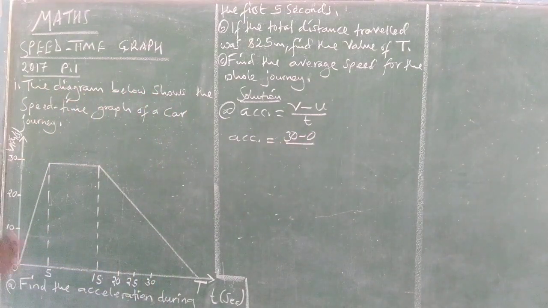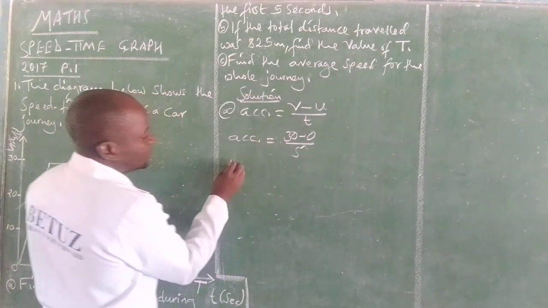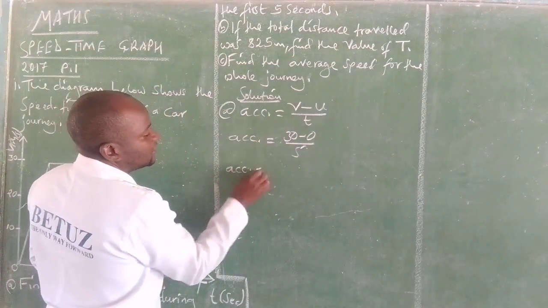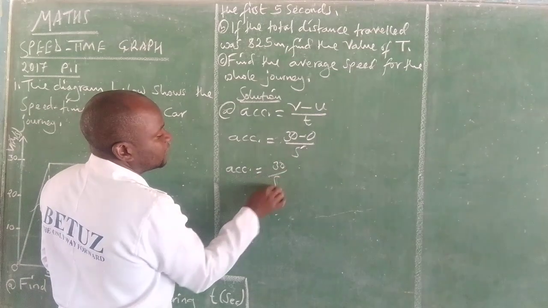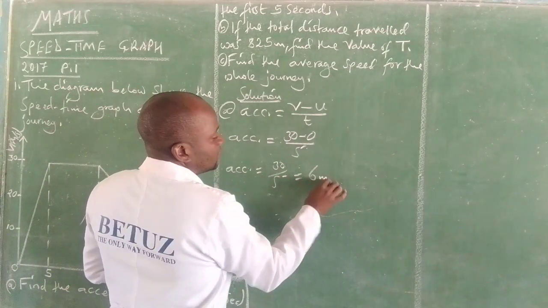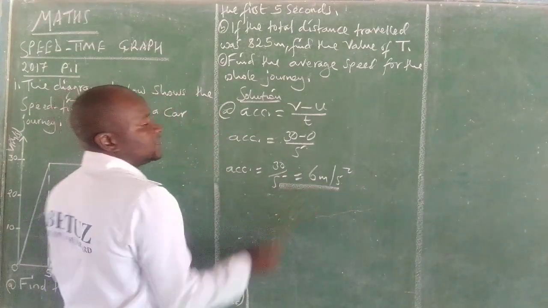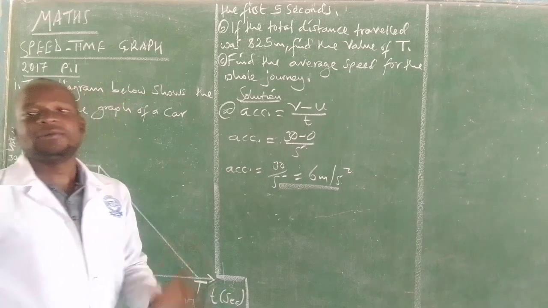The time the car took to reach 30 meters per second was 5 seconds. So acceleration is 30 over 5, and dividing 5 into 30, we get 6 meters per second squared. This is the acceleration we are looking for.